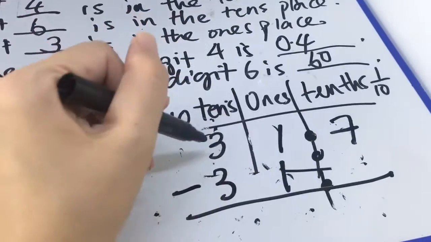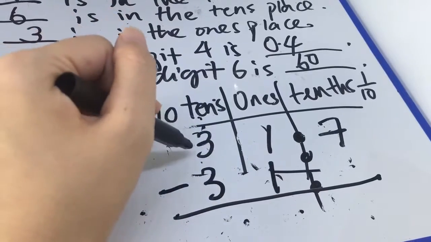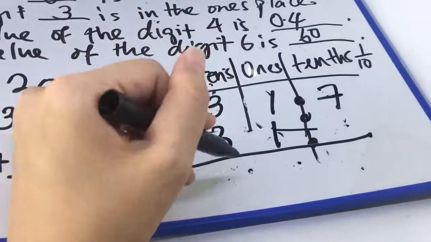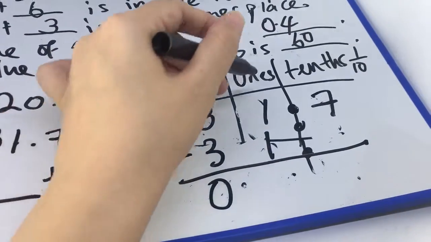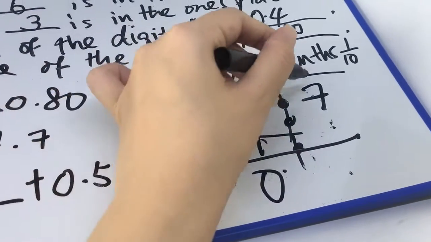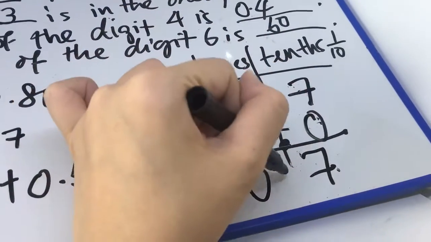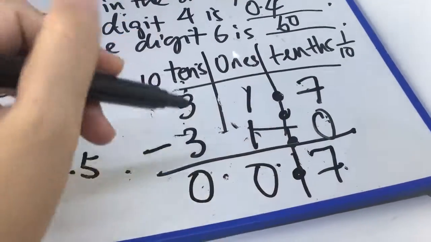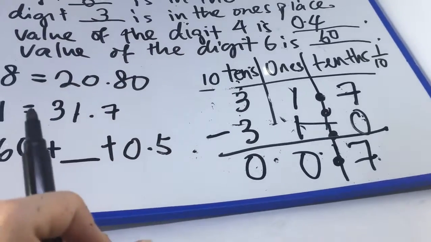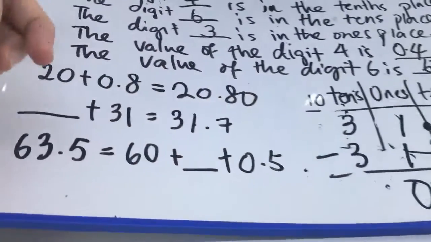So 31.7 is made out of 3 tens, 1 one, and 7 tenths. If I take away 3 tens, I will get 0 tens. If I take 1 one and take away 1 one, I'll get 0 ones. 7 tenths take away 0 tenths, I'll have 7 tenths. But I will not write it as 7. Take note that you have to write it as 0.7.